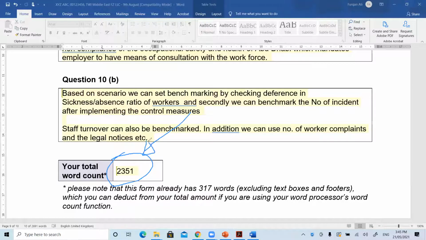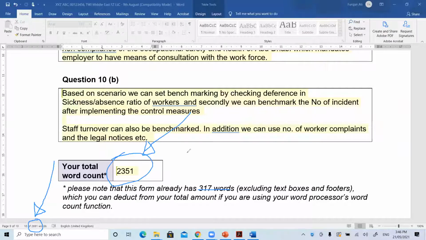But here you see it is 2691. Now what's the difference here? Please note that this form already has 317 words, excluding the text and footers. You can deduct this from your total amount if you are using your word processor's word count function. So the word processor is showing us over here at the bottom of the Word file 2691 words.